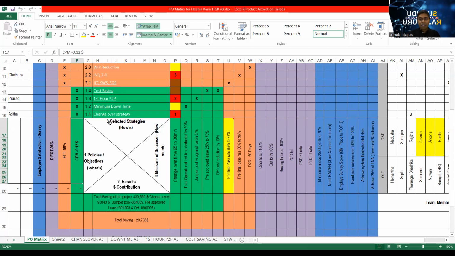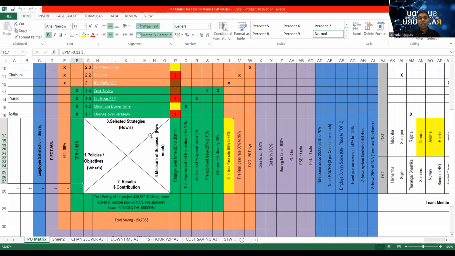Then strategies. If we want to achieve these policies and objectives, what strategies do we want to use? That means how. Here, what and how. Then there is another quadrant called measures of success, which is how much.